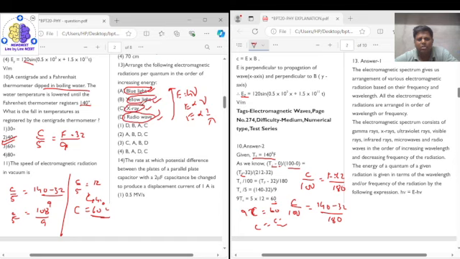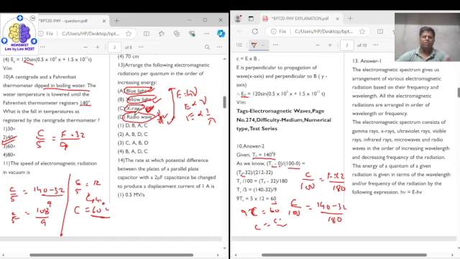So this is your increasing order of energy, right? Because the greatest wavelength is with radio waves, so the smallest frequency is with radio waves, so the smallest energy is with radio waves. Among these, the smallest wavelength is with x-rays. So x-rays will have the highest frequency, and because it has the highest frequency, it will have the highest energy.